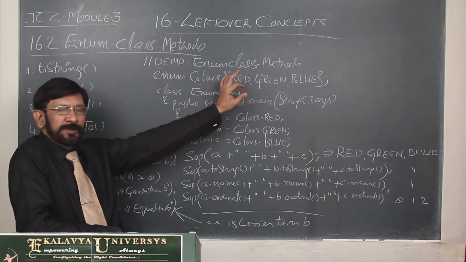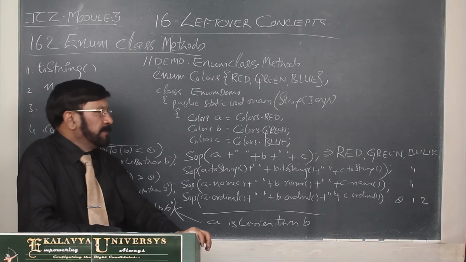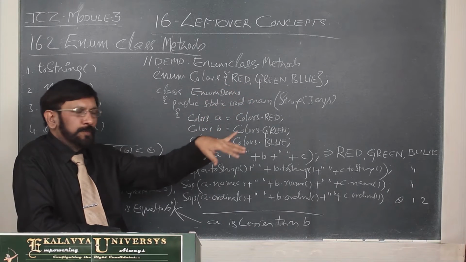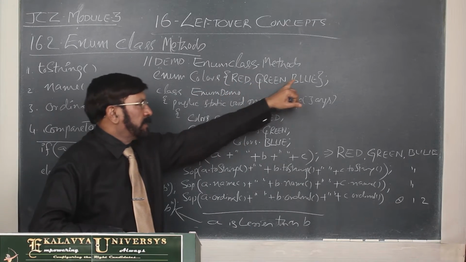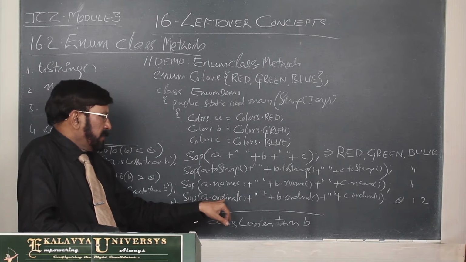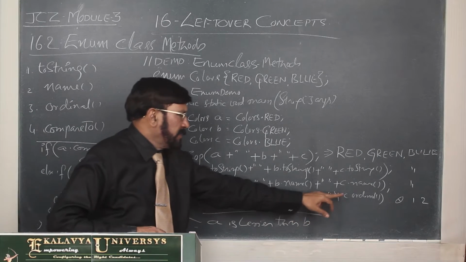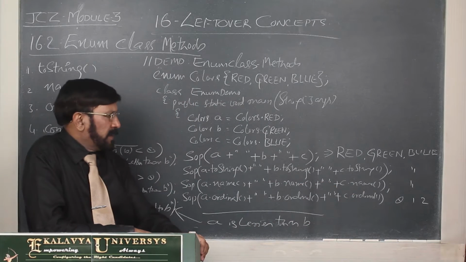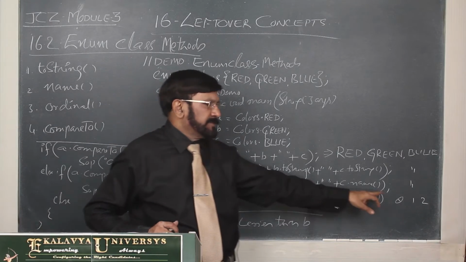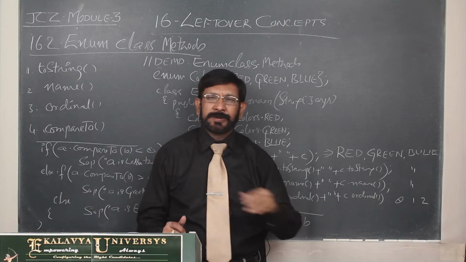Here also for enums the same index is given, that is known as the ordinal. It is a zero-based index: 0, 1, 2. So we call the A.ordinal, B.ordinal, C.ordinal methods. As a result of that, 0, 1, 2 are printed.